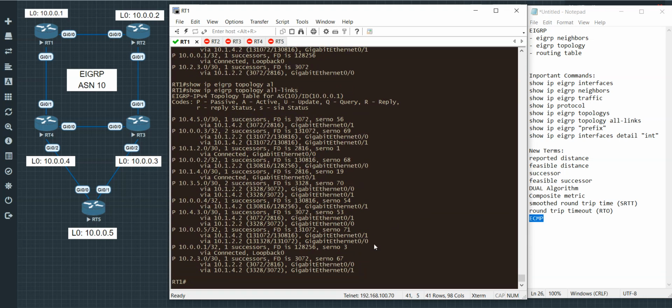And so here we can see that there's actually two paths to get to the 10.0.0.1/32 subnet.